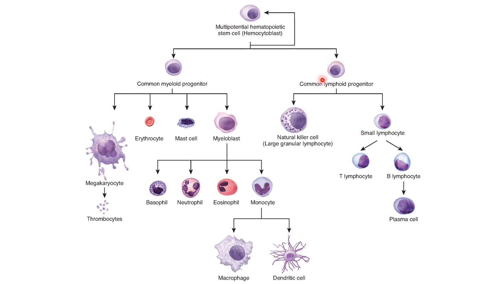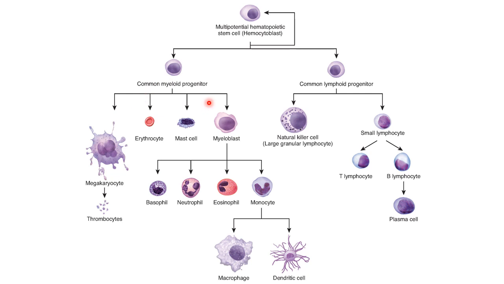The lymphoid progenitor, as it develops, again, will exit the bone marrow and go into the peripheral lymphoid organs, such as the lymph node, the spleen, and the thymus. So, your myeloid progenitor will then be able to make different types of cells.